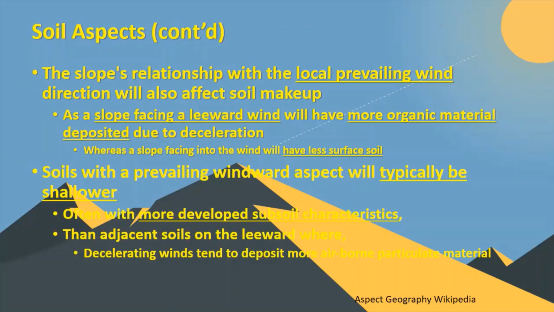It might be leaves, it might be weeds, it might just be clay particles and so forth. Whereas the slope facing into the windward side would have less surface soil. So soils with a prevailing windward aspect will typically be shallower and often with more developed subsoil characteristics.